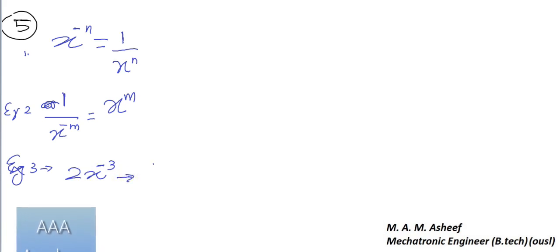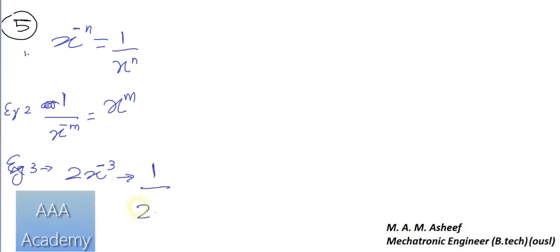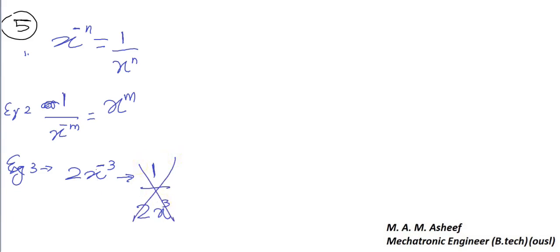If you change this as 1 over 2 to the power x to the power 3, that's wrong, because the minus power is only for the x, not for the 2. So only this x will become reciprocal. That means 2 remains same, and x will go down, so it is 2 over x to the power 3.